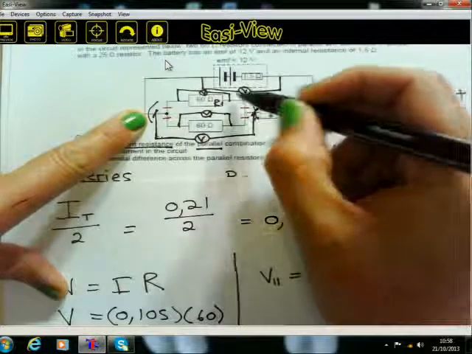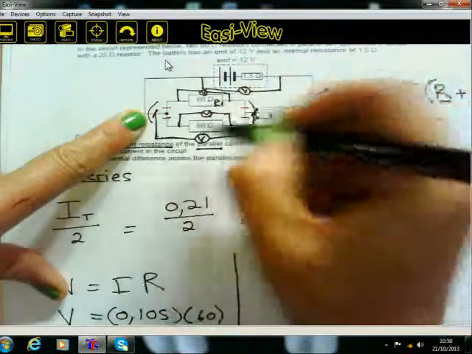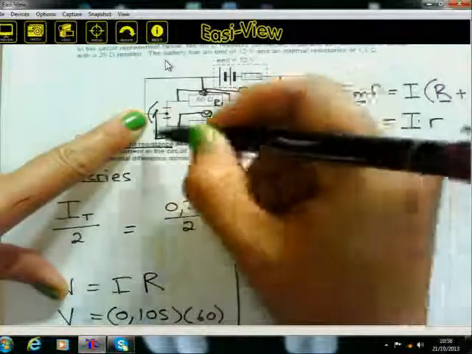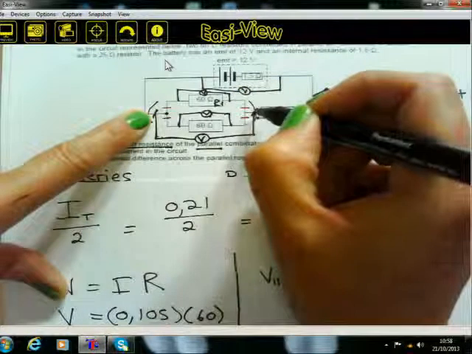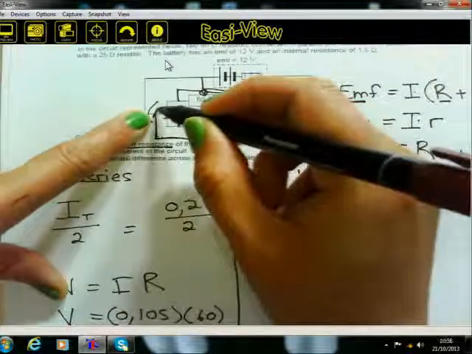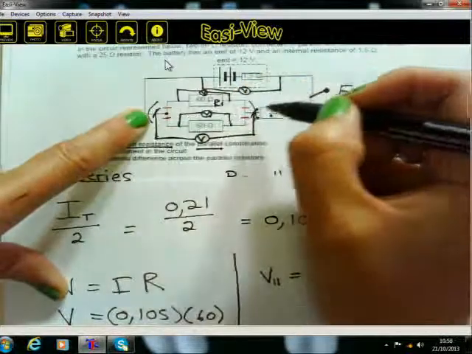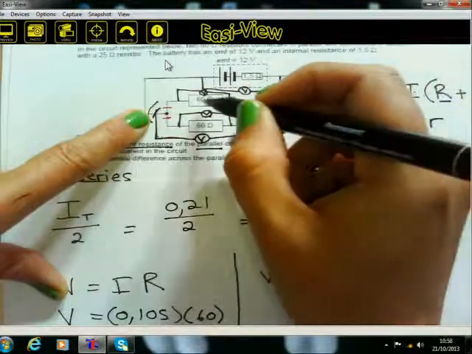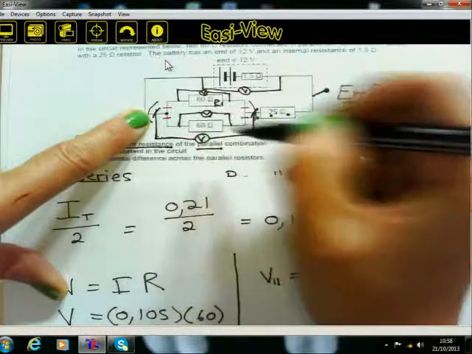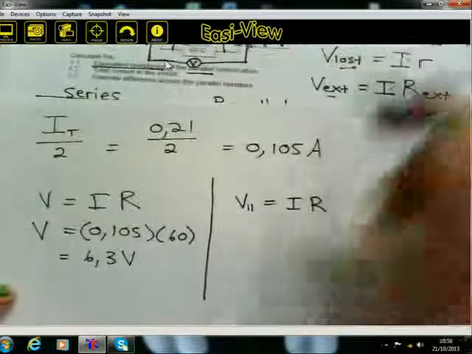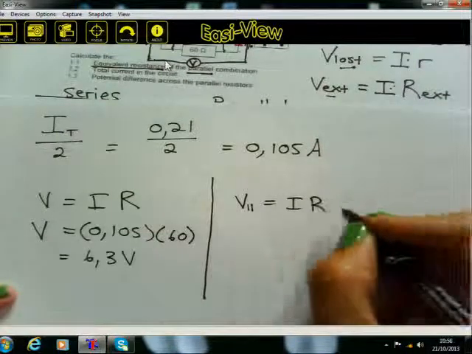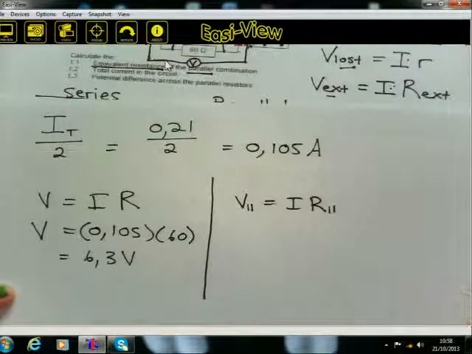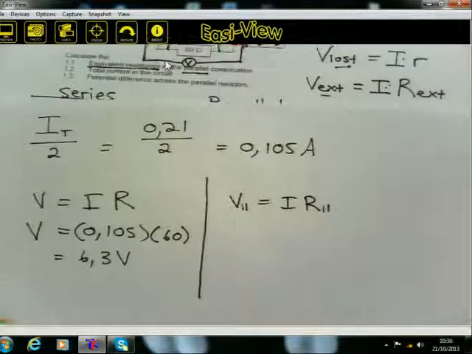So if you're going to work with V total or V parallel over the whole parallel part, then you must work with the total current, and the resistance we're going to use is parallel resistance. Okay, so we have V parallel equals total I times R parallel.